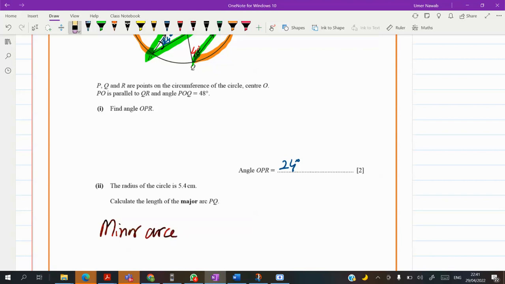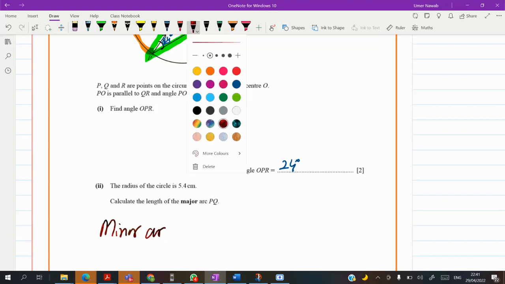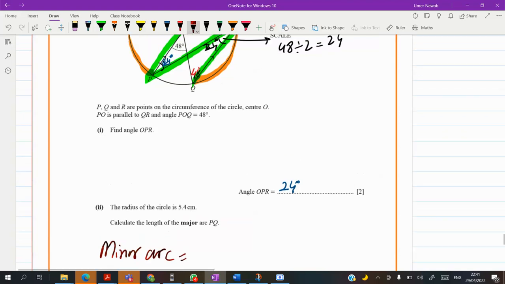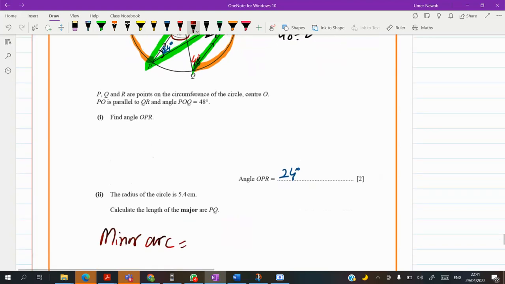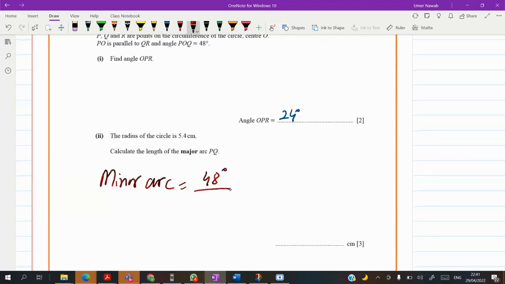Minor arc. What is the central angle? 48 divided by 360 times 2 pi times the radius, which is 5.4.